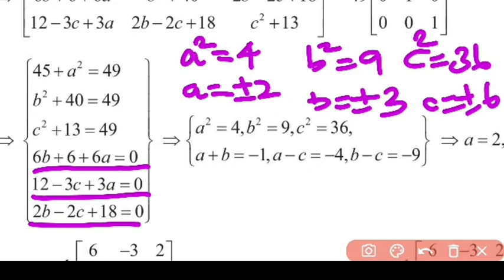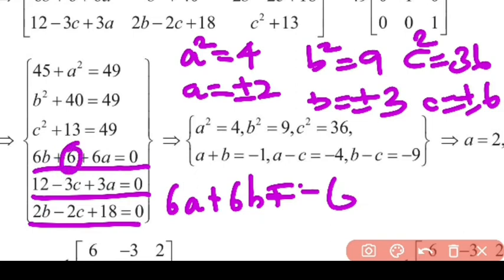Okay, so 6a plus 6b plus 6 equals 0. When we transpose the plus 6, it becomes minus 6. All terms are multiples of 6, so we divide by 6, and it becomes a plus b equals minus 1.